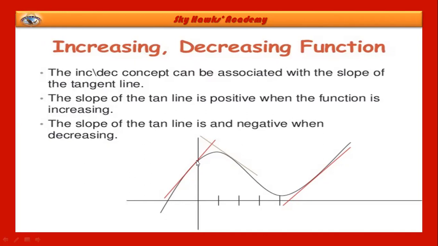Slope is also the inclination, and m is used for the slope. Gradient is the same as slope, and the tangent of that angle is also called the inclination of the slope of the lines. So all these things are linked together.